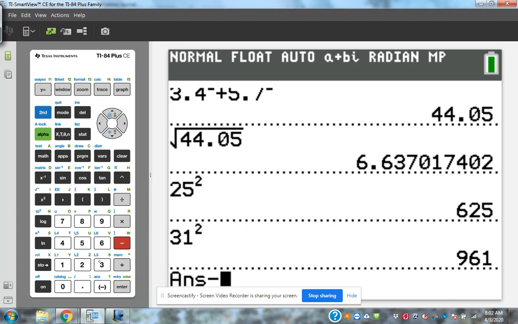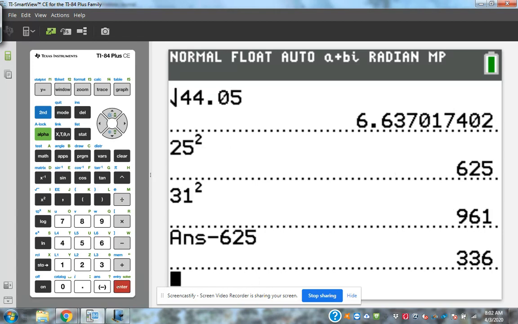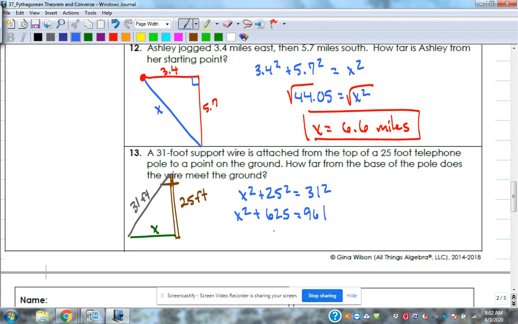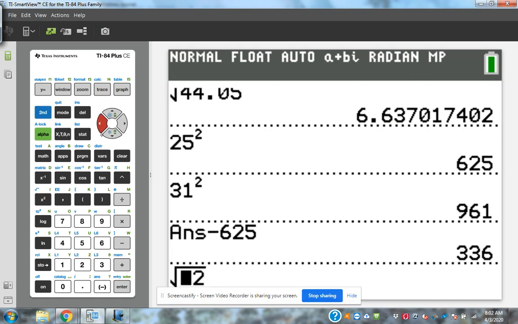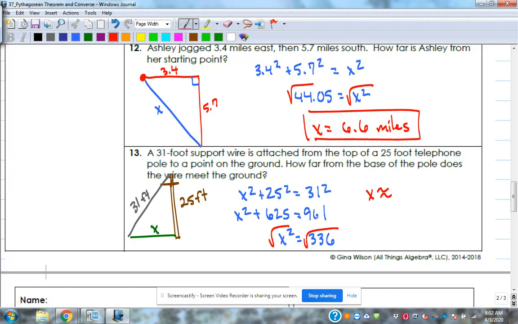Subtract: 336. Square root. I'm just going to go to the approximation here. Square root of 336 is 18.3.